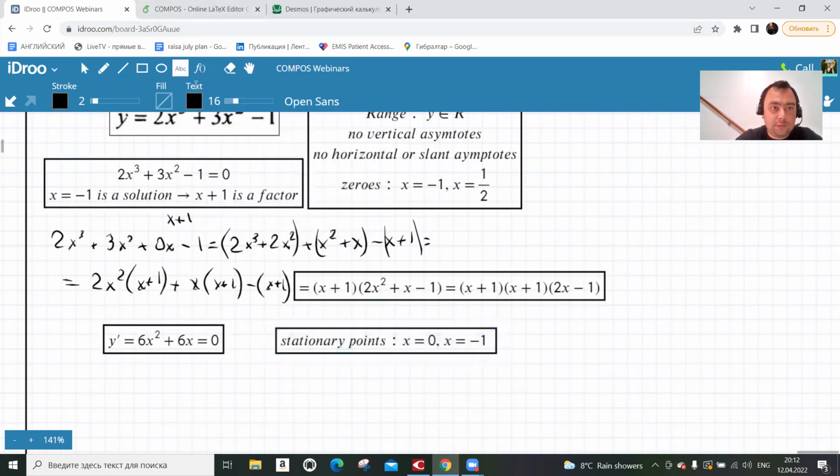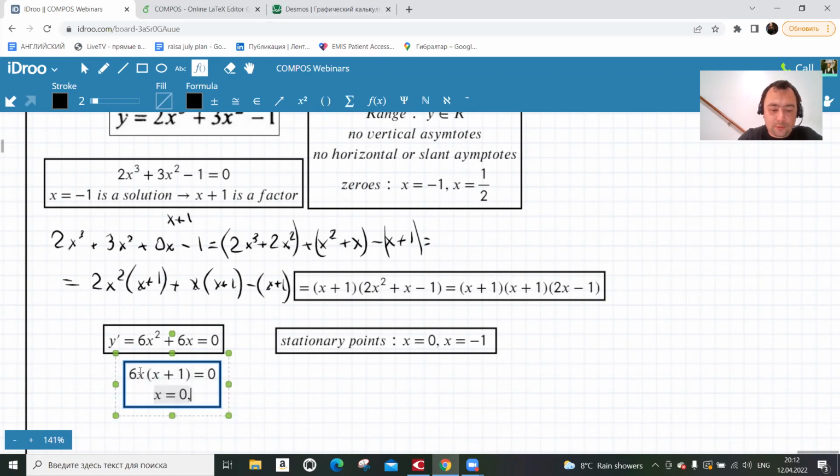This is useful. So I hope you all understand how I did this. So 6x, x plus 1 equals 0. So x equals 0 or x equals -1.